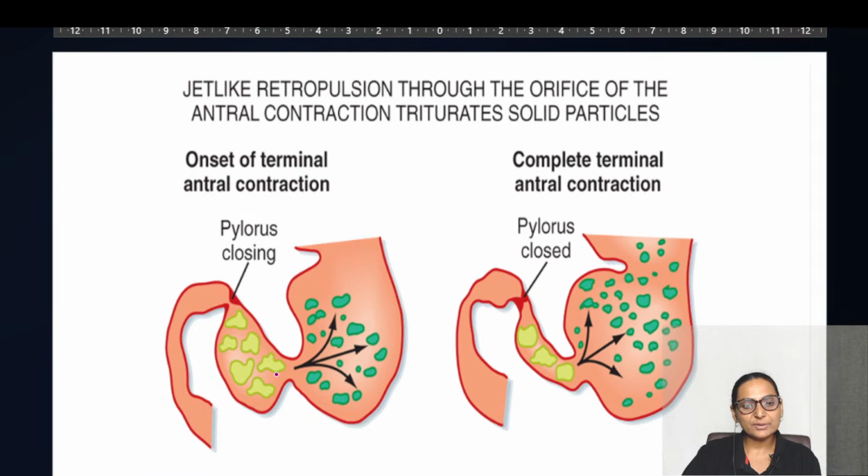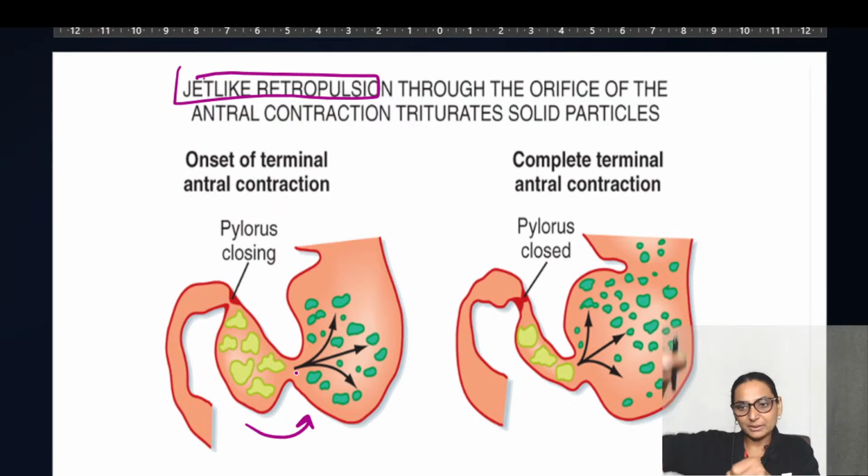This is what is retropulsion, which is called a jet-like movement. So the food will try to come towards the pylorus. This closed pylorus will push the food upward. So you're coming down and up, down and up. And this actually helps in the proper mixing of the food or the chyme with the gastric juices, right?